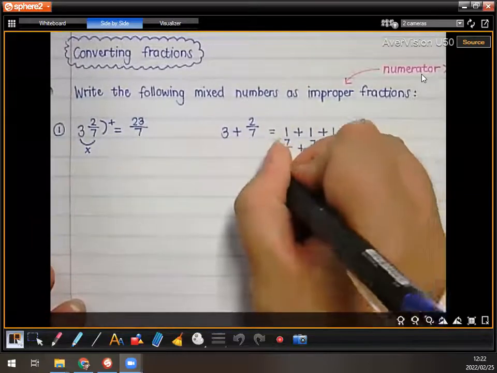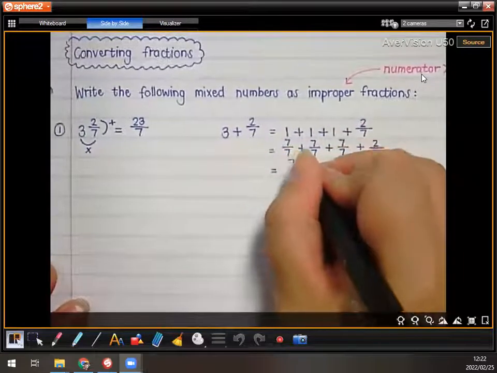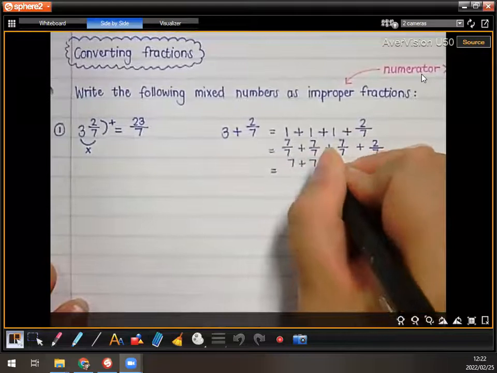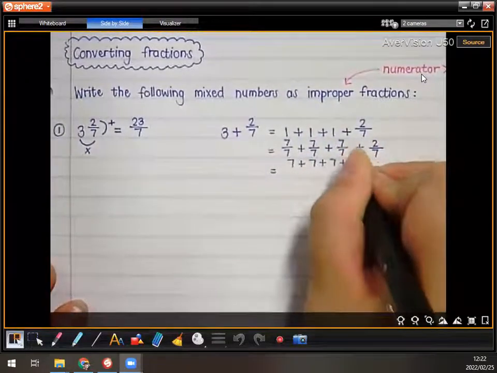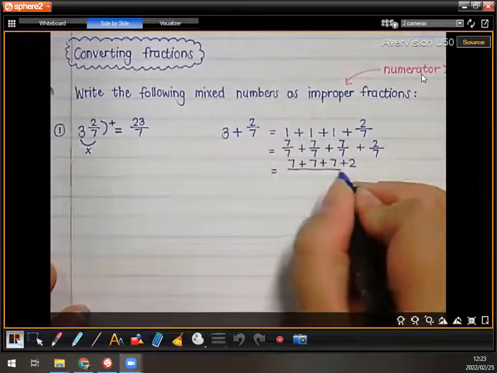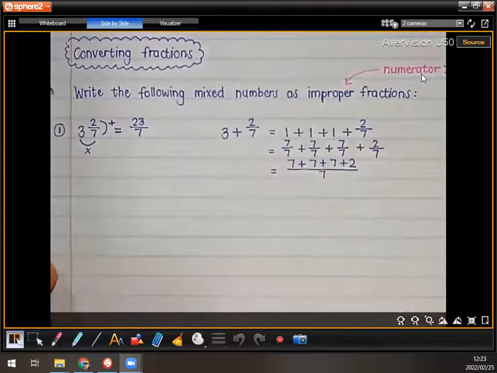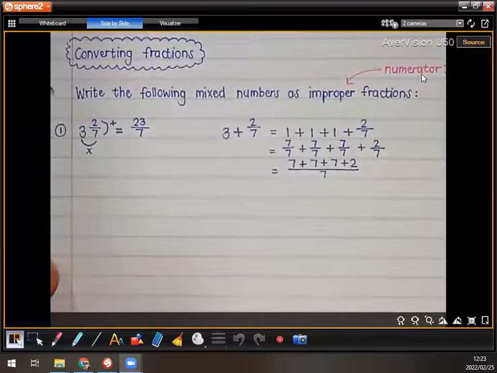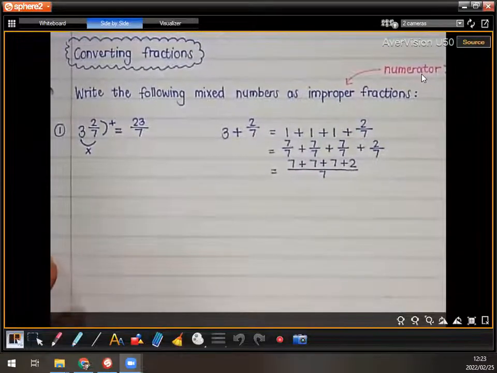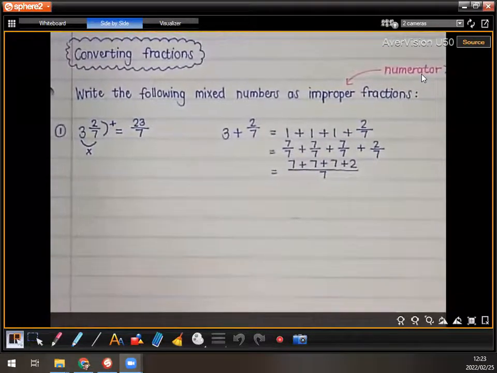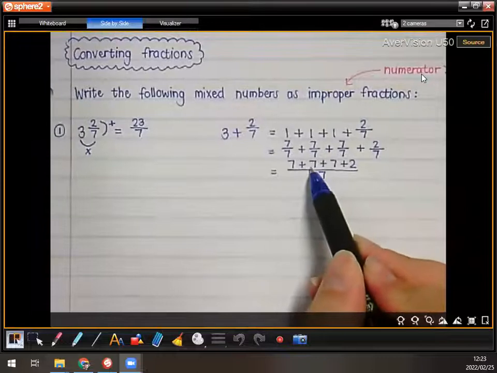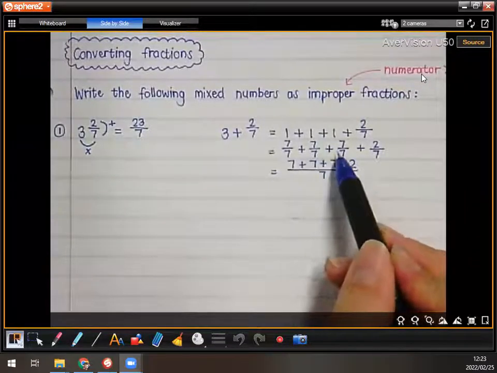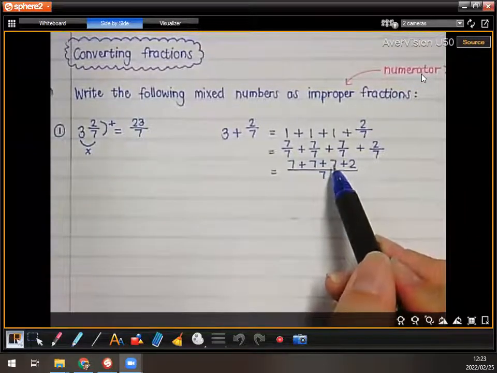So we can say that first 7 plus the second 7 plus the third 7 plus that 2, all over one denominator because they all have the same denominator. Right? You're not going to add the denominators together as well. You just put the same denominator and you add the numerators together. Now guys, what is 7 plus 7? 14 plus 7, 21.